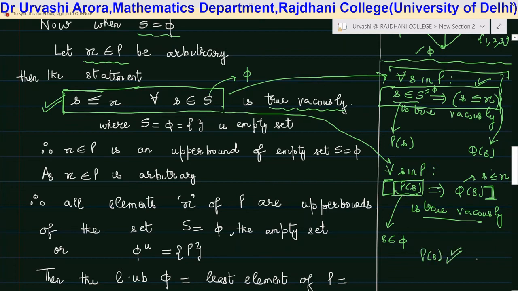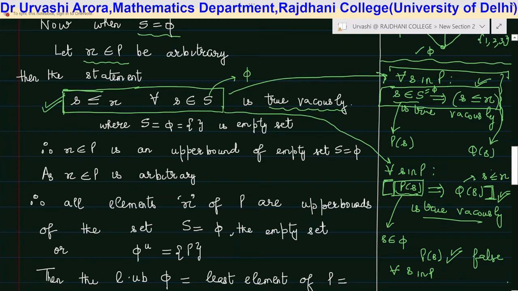Now if this hypothesis is false for all s in the underlying set, which is the universal set, in this case P, then this whole implication will be a true statement, or it will be true vacuously. This way of proving things is called a vacuous proof. This is how a vacuous proof is given, a technique followed in mathematics and logic.